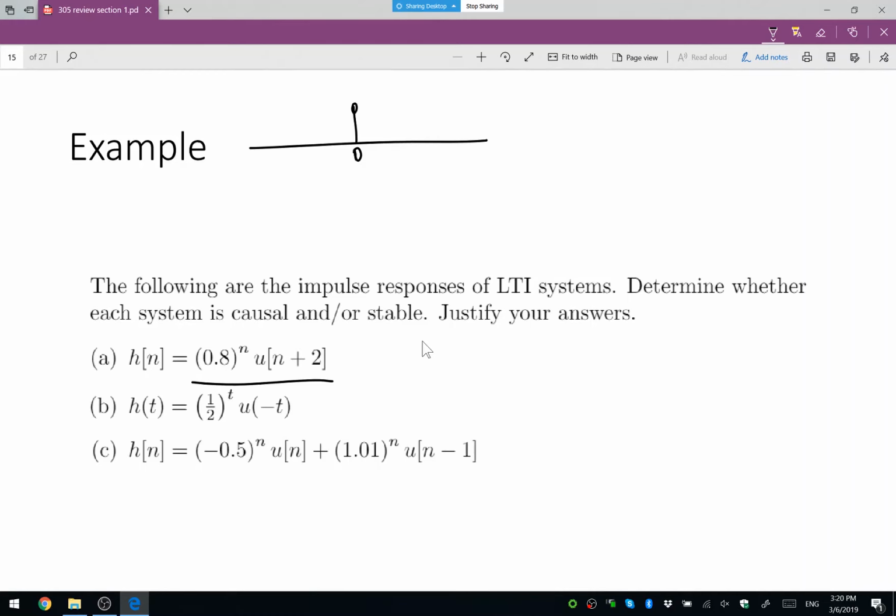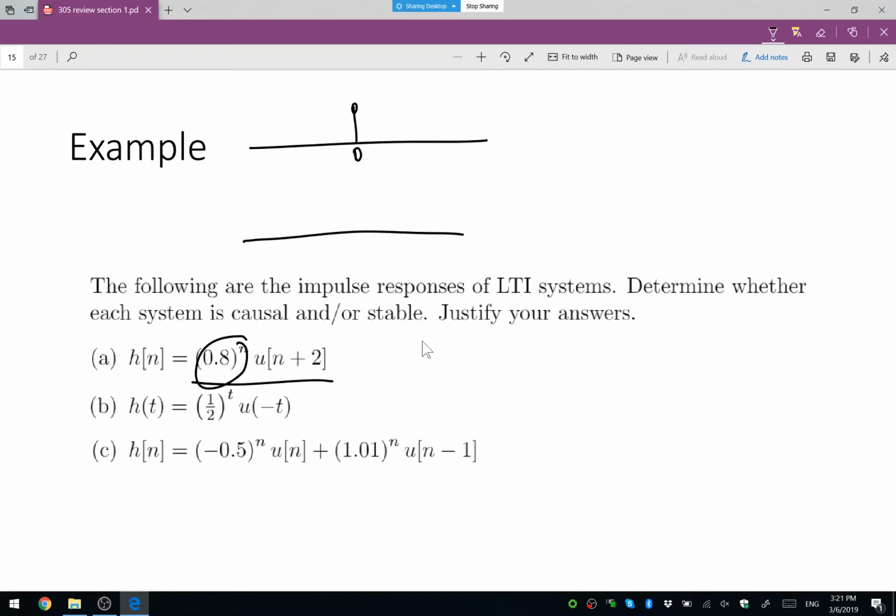So -2 in this case, as it shifted to the left. Negative shift to the right? The zero is at -2. So let's say the first output part is always non-zero, so let's forget this part.